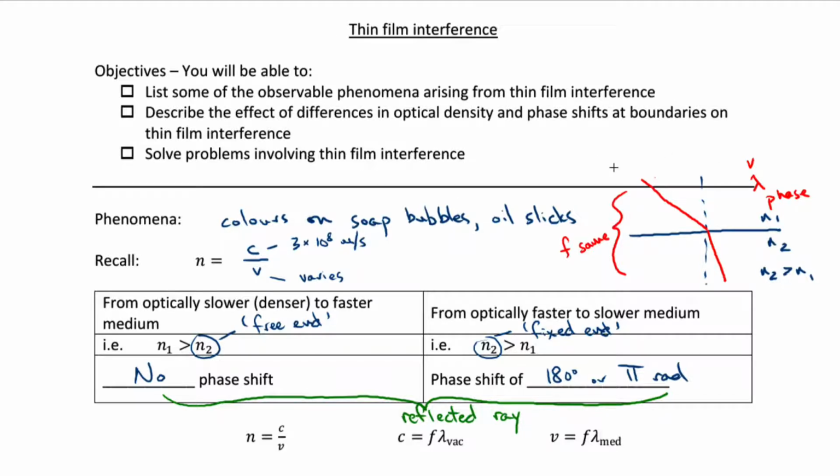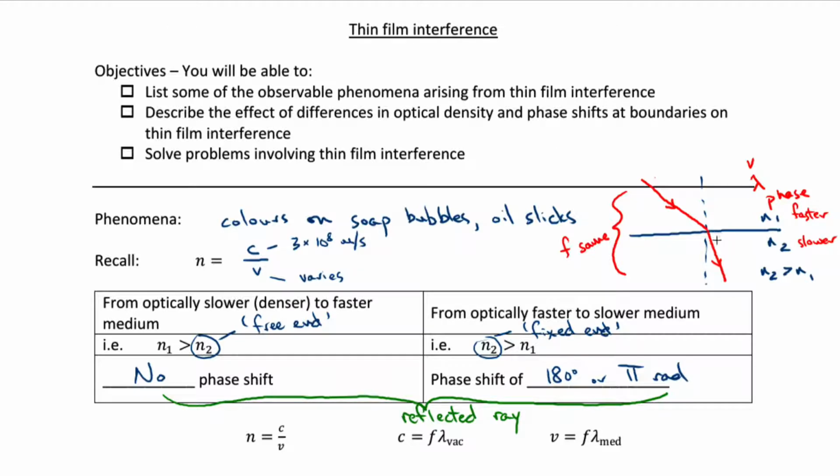Here we have an incident ray and a refracted ray. And if we're going from top to bottom, then we're going from a faster medium into a slower medium. n2 is greater than n1, so n2 is slower. This boundary here, where we would be going from a faster to a slower medium, is the same as this kind of situation, where we're going from an optically faster to slower medium.